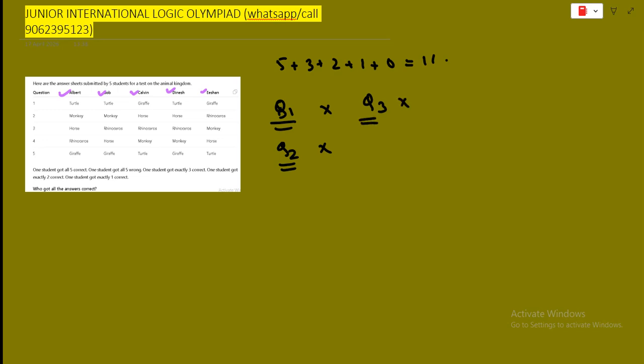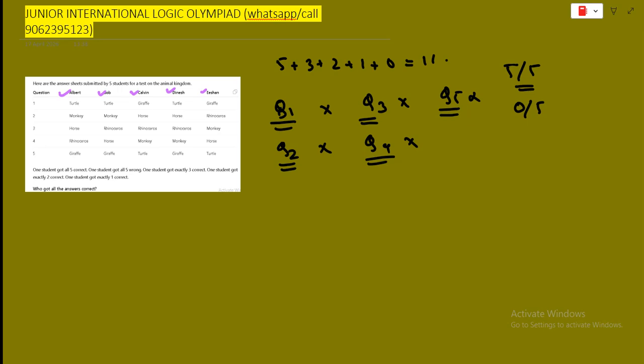Wrong. For question 4, Albert says rhino and Ishan says horse. This is also wrong. And question 5, Albert says giraffe and Ishan says turtle. So this is also wrong. So if Albert is 5 out of 5, then Ishan is 0 out of 5, right? This fits our rule that one student got 0 perfectly.